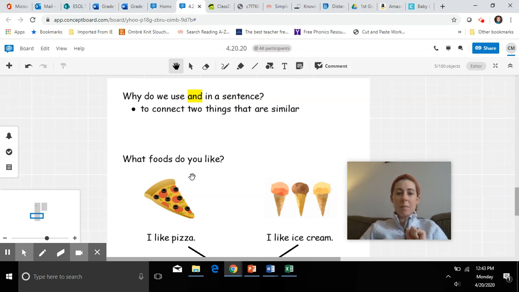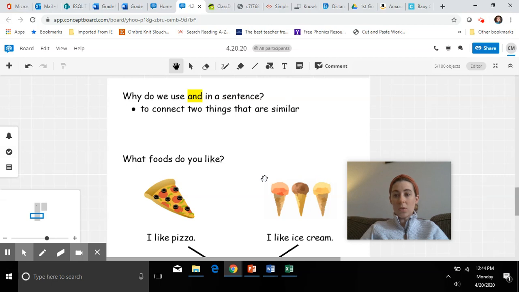Let me give you an example. If Miss Makadia was asked the question, what foods do you like? Okay, I could tell two or more types of food that I like. I chose two. So let me show you how I can connect sentences together. If someone said, Miss Makadia, what foods do you like? I could say, I like pizza. I like ice cream.